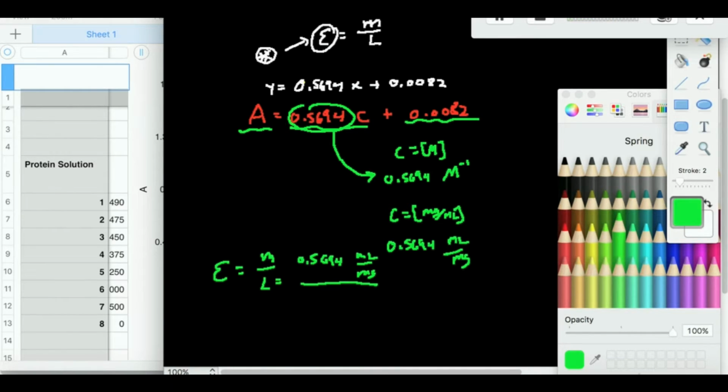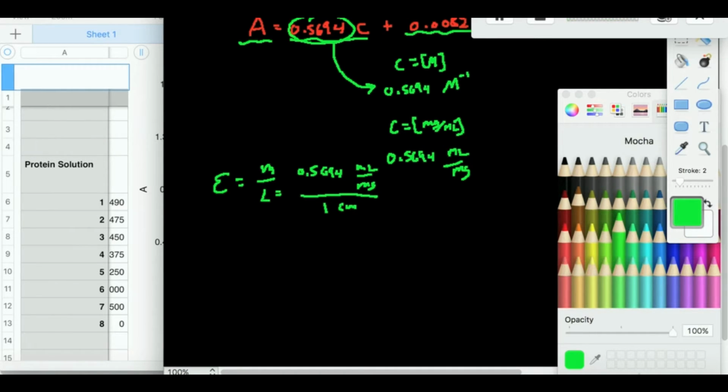What's the length of the cuvette? The length is 1 centimeter. So that means the extinction coefficient is 0.5694 milliliters per milligram centimeter.